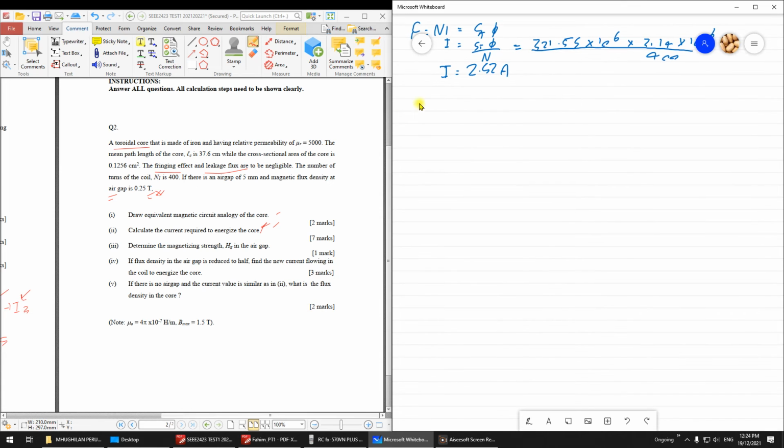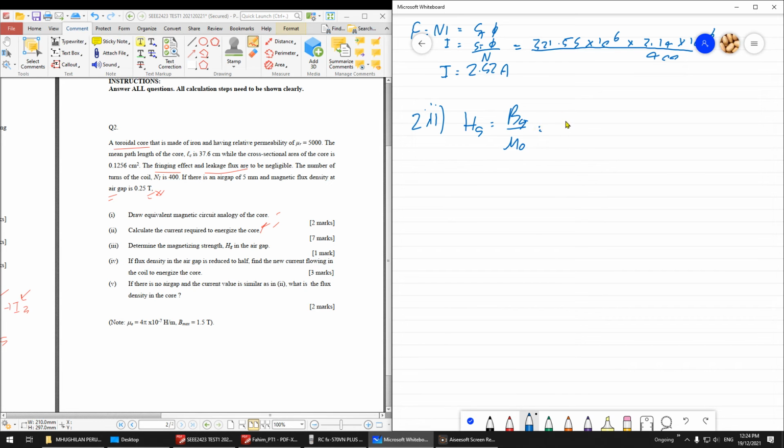So for question number 2, 3. Hg is equal to B divided by mu naught only. Why mu naught? Because at the air gap mu r is equal to, sorry, not 0 but 1, unity.